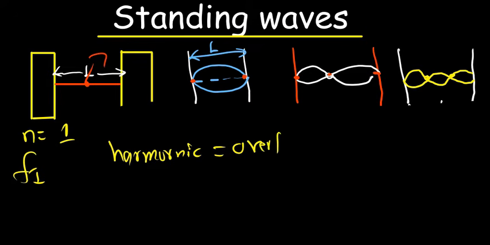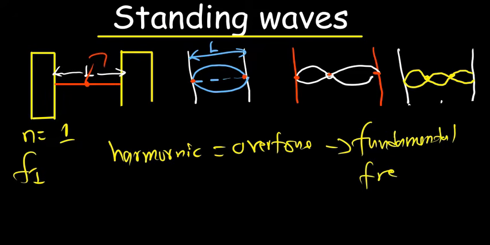It is also called overtone. At the same time, it is called the fundamental frequency. So if we're talking about the first harmonic, first overtone, and first fundamental frequency, we are still talking about the same thing. The second harmonic, the second overtone, the second fundamental frequency, we are still talking about the same thing.